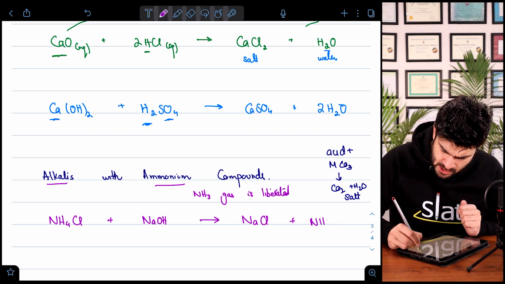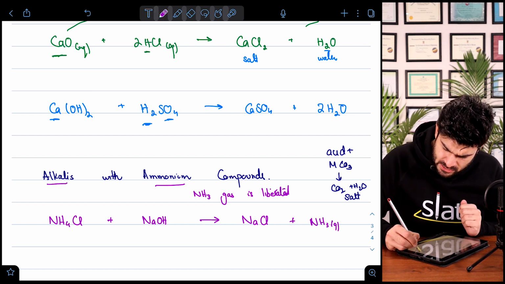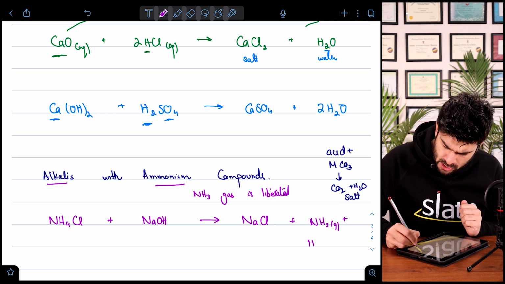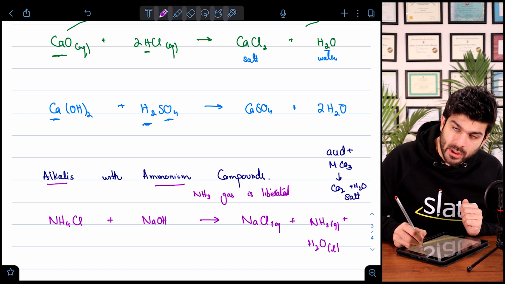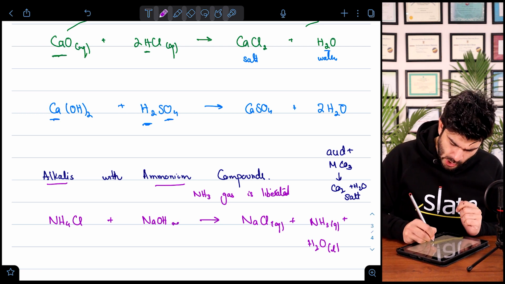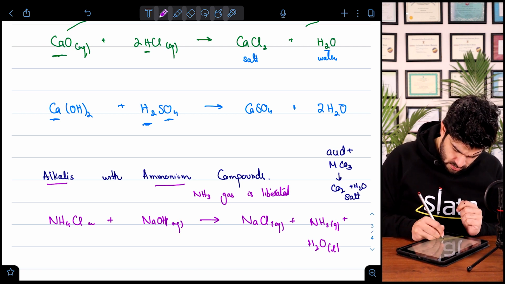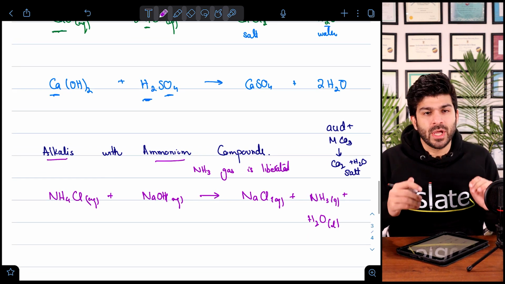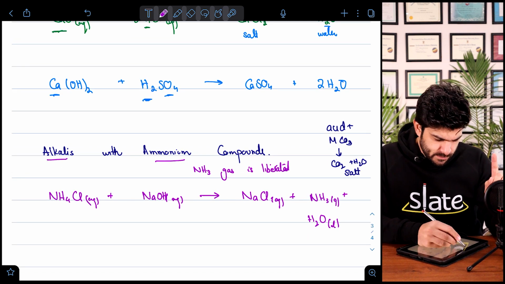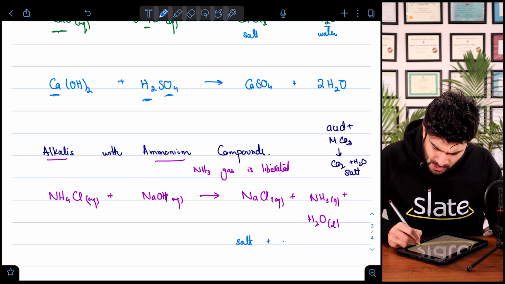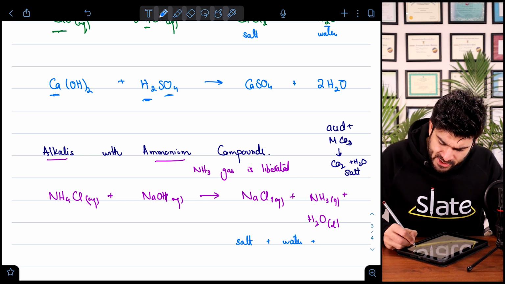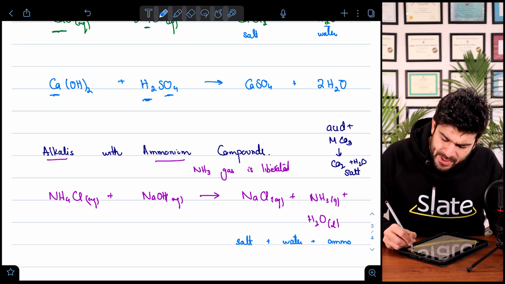We get ammonia, which is a gas, and water, which is a liquid. NaCl is an aqueous salt. So here we get salt plus water, but the main product is ammonia gas is liberated.